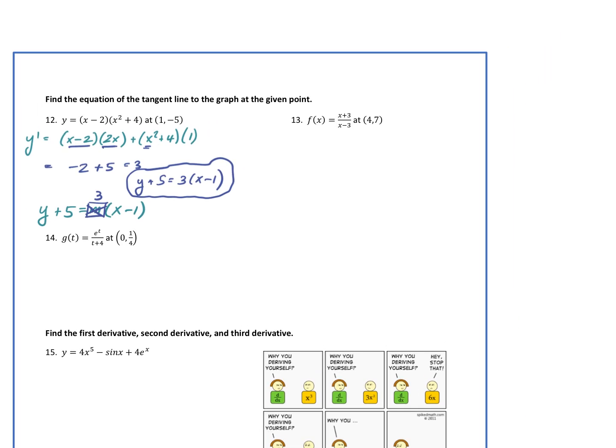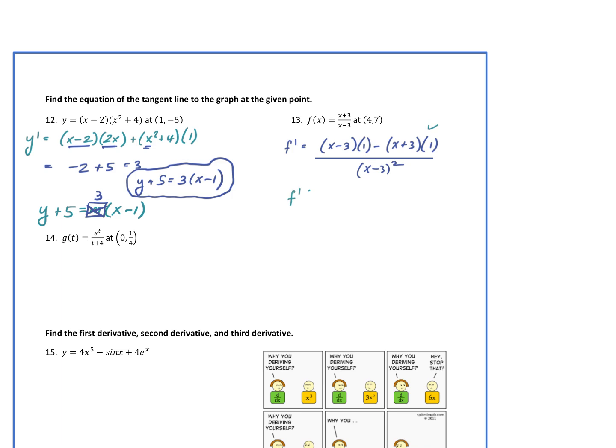Number 13, we have quotient rule. Low d high minus high d low, all over the bottom squared. We're plugging in 4. I'm just going to drop it right into here.